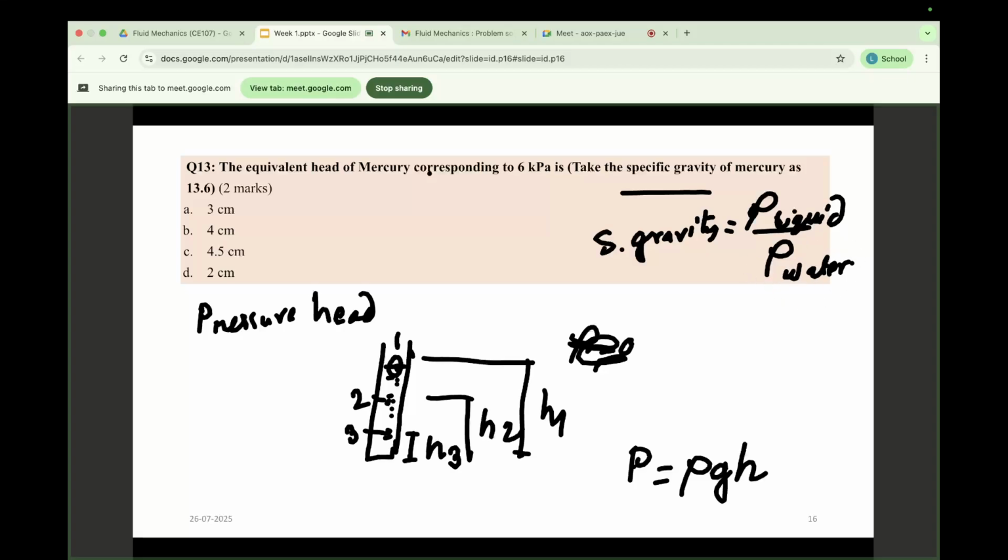That means the reference is water, and we know the density of water is 1000.